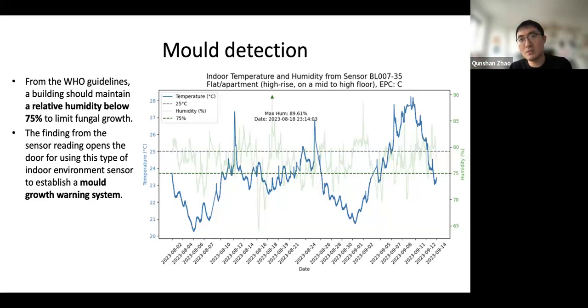This looked bizarre, so we went back to the Bureau of Investigative Journalism, and they told us that, yes, when they enter their home, they can clearly see mold everywhere. I'm still waiting for the picture from them, but it helps us think that this sensor can also become a mold growth warning system if you start to have these sensors in different people's homes.